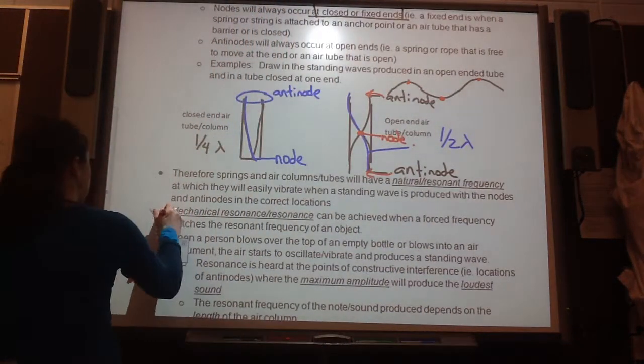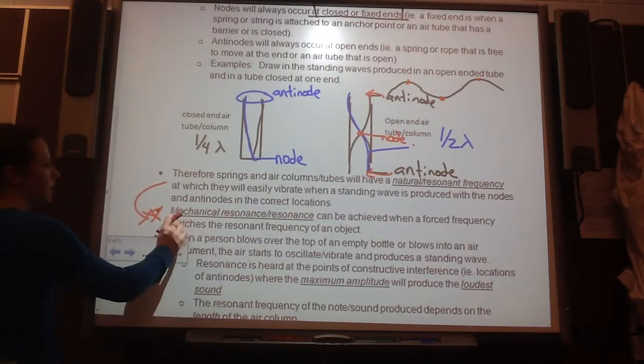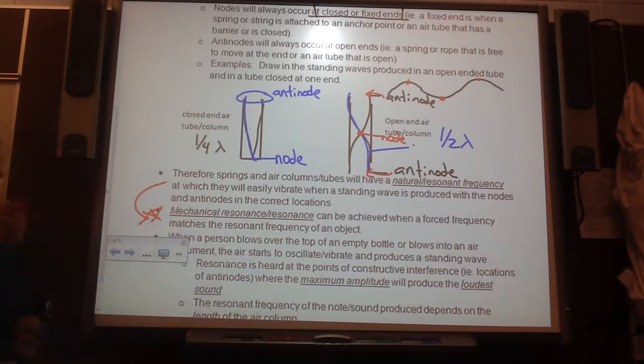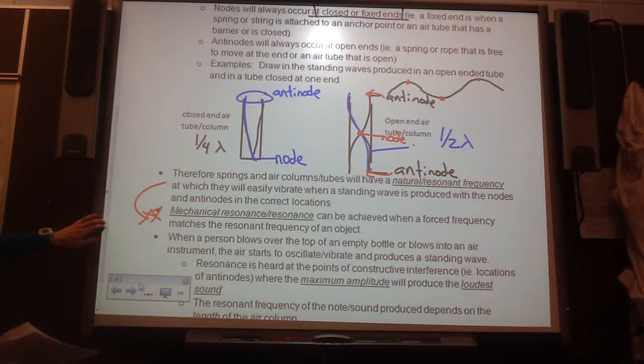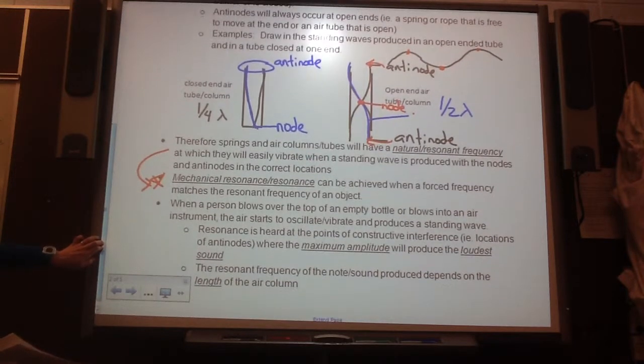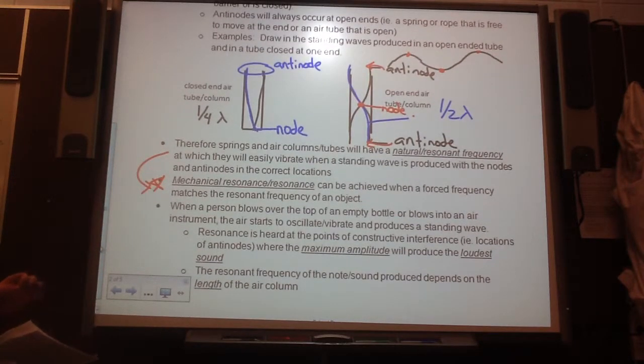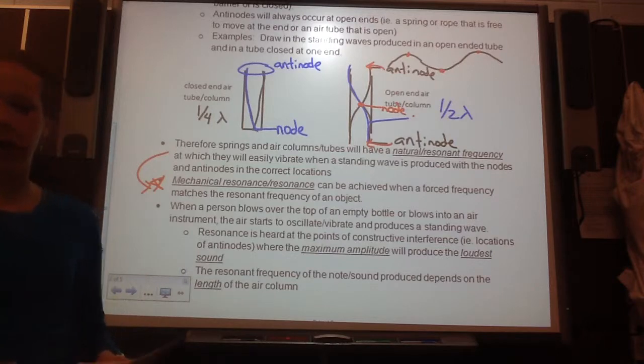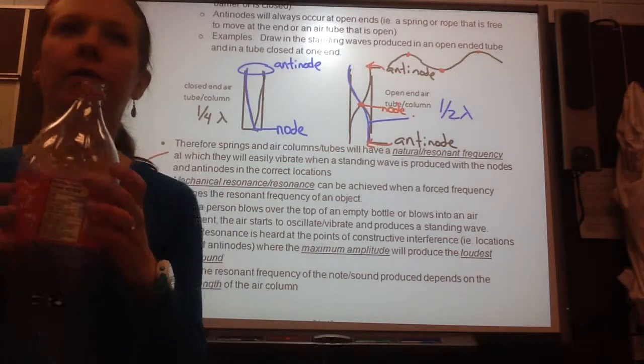So mechanical resonance can be achieved when a force frequency matches the resonant frequency of that object. So when a person blows over the top of an empty bottle or blows air into an instrument, the air starts to oscillate or vibrate and actually produce a standing wave.